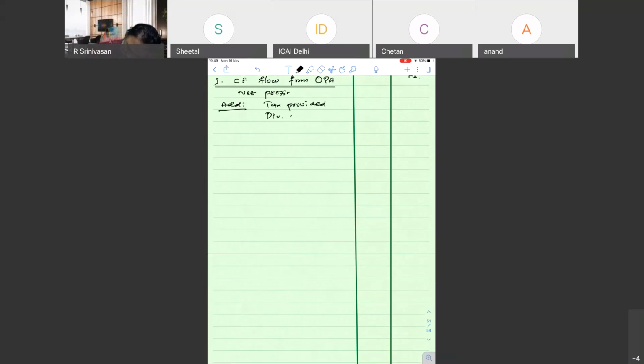Dividend proposed. Transfer to general reserve. Transfer to other reserves, if anything is there. So we get profit before tax.